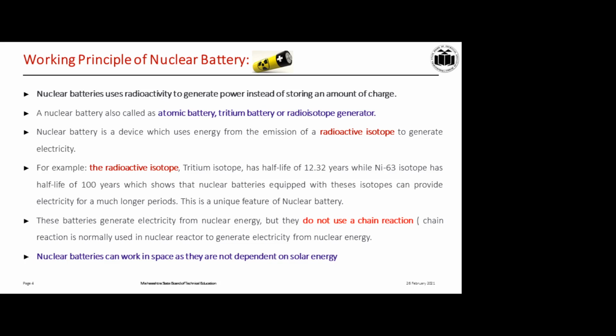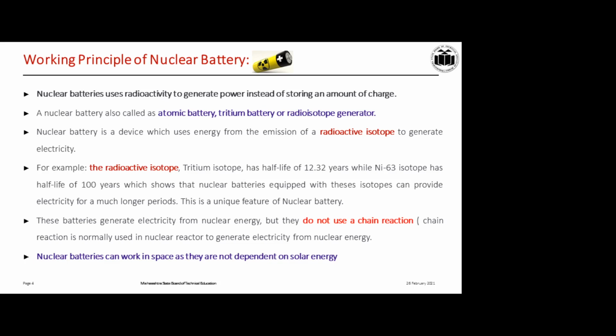This battery generates electricity from nuclear energy. They do not use the chain reaction. What is a chain reaction? A chain reaction is a sequence of reactions where a reactive product or byproduct causes additional reactions to take place.